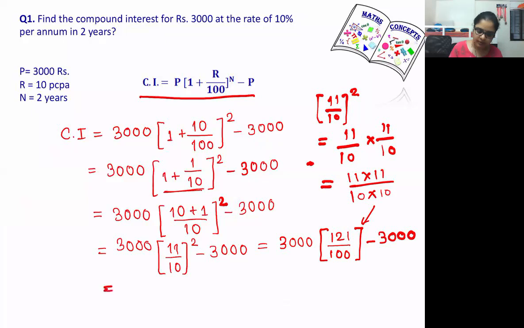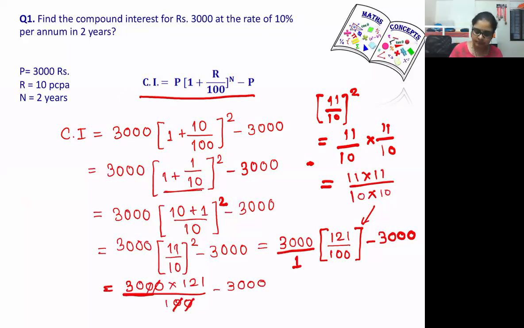This gives me 3000 multiplied by 121 upon 100 minus 3000. This is the same as 3000 upon 1, right? So 3000 into 121 upon 1 into 100, which is 100. Now, can I cut these two zeros here?